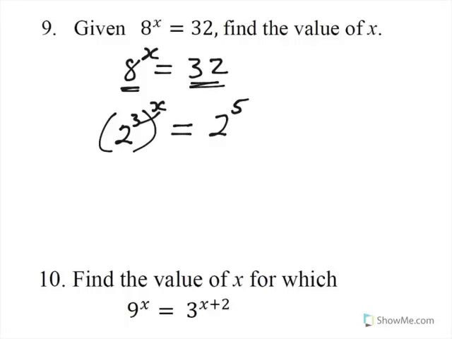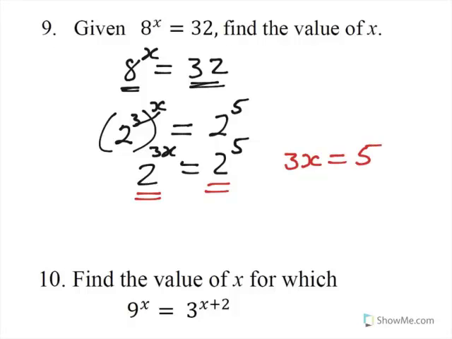If we multiply the powers, we get 2 to the power of 3x equals 2 to the power of 5. When these two are equal and the base is the same, it means that the powers, or the exponents, are equal. So 3x equals 5. Divide both sides by 3, you get 5 over 3. If you want it as a mixed number, it's 1 and 2/3.